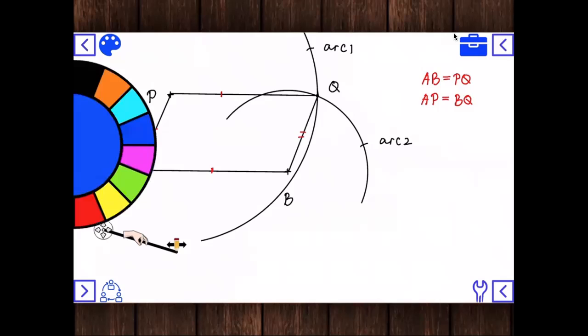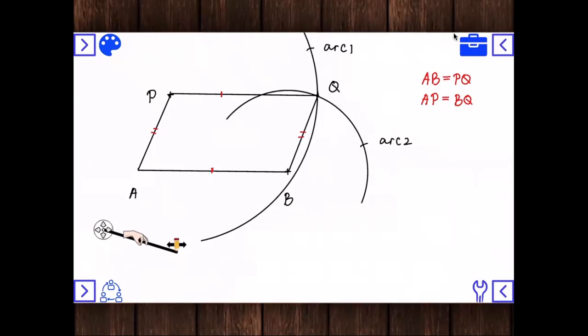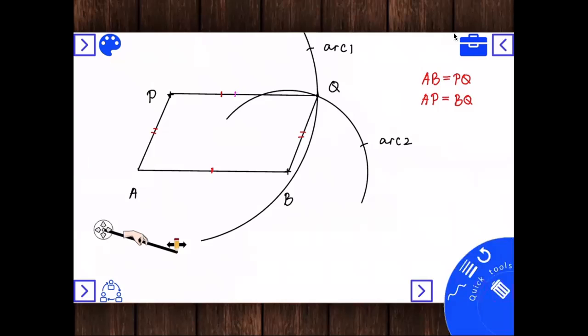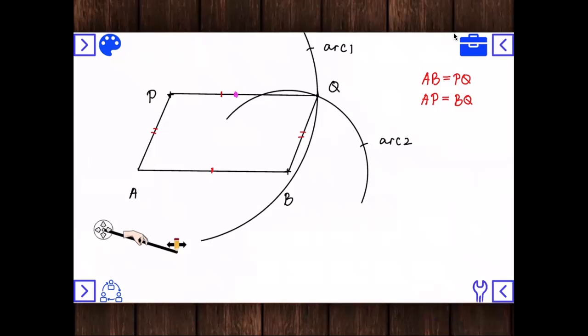In this example, I'll use a different color. If these two sides, they are called the opposite sides. Okay, if these 2 sides are equal, and at the same time, these 2 sides are equal, then the fourgon, the polygon, is a parallelogram.